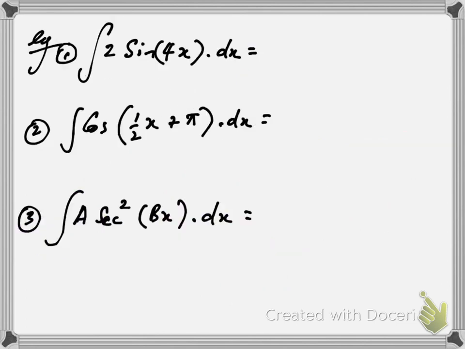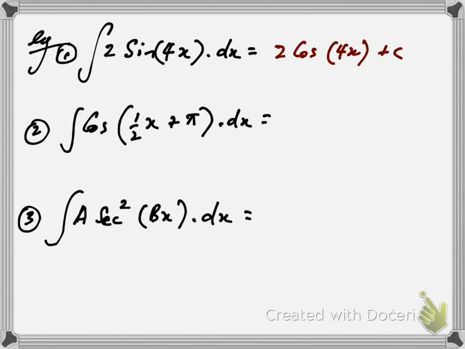Right, moving on. Let's do some basic trigonometric integration, using what we just learned. So if you have, for example, 2 sine of 4x dx, firstly you leave the 2 as it is, and sine becomes cos 4x plus c.